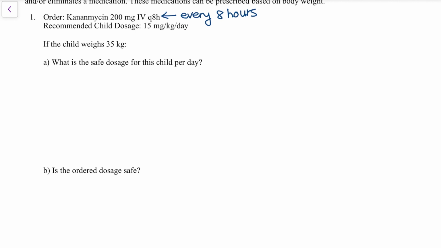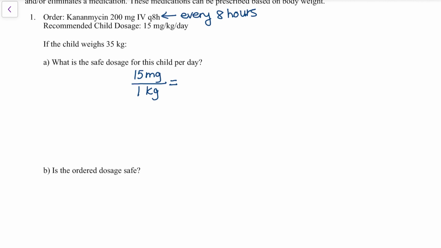So in our previous ones, when we did ratio and proportion, we did available to ordered. In this one, I'm going to do the recommended child dose to the child's weight. So I'm going to do 15 milligrams per kilogram, and this is based on a day, equal to the child's weight of 35 kilograms.